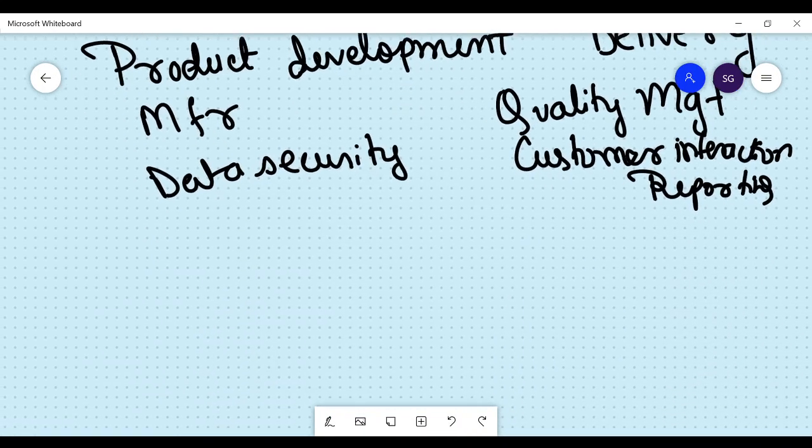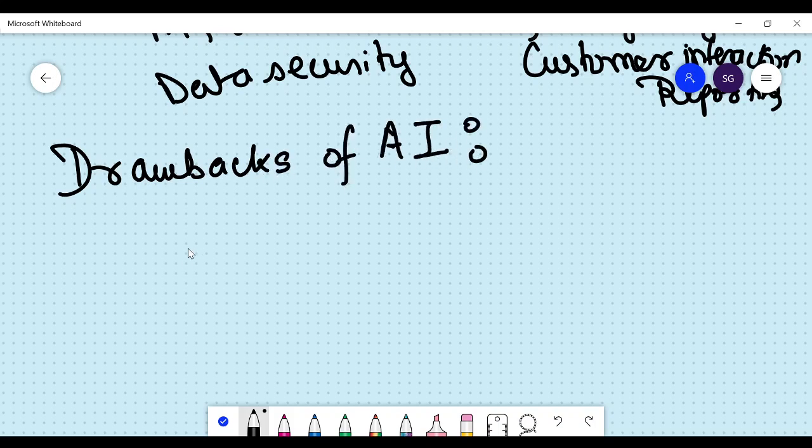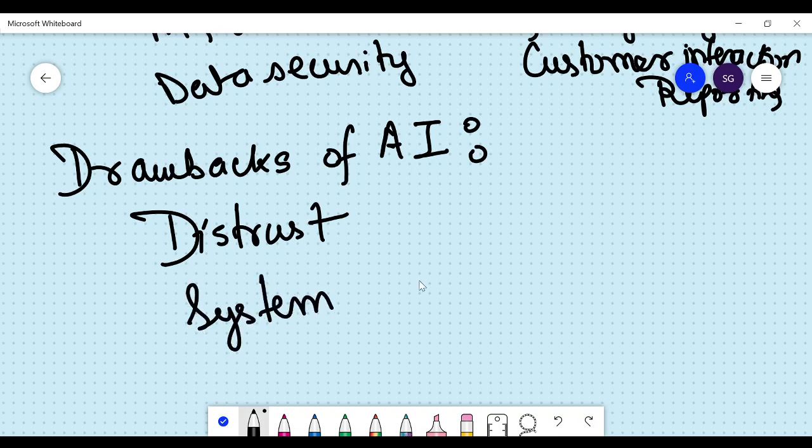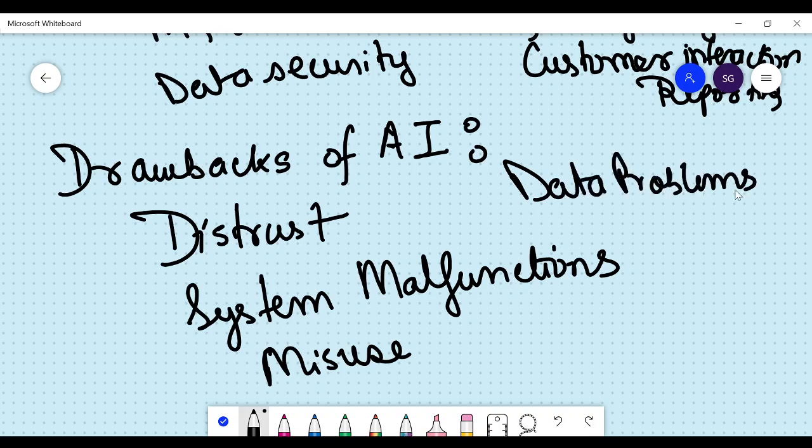But there are drawbacks to artificial intelligence. There is a sense of distrust amongst people. There are possibilities of system malfunctions. There is a possibility of misuse as well, and there are different data problems, not within a business but from a variety of media.